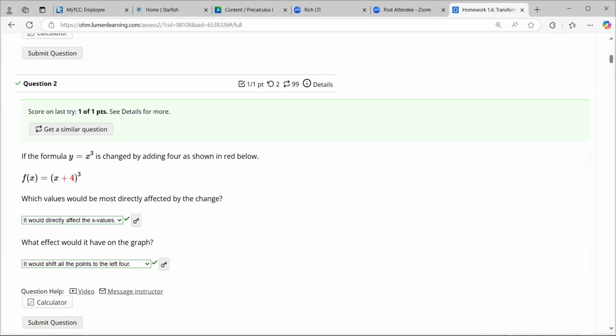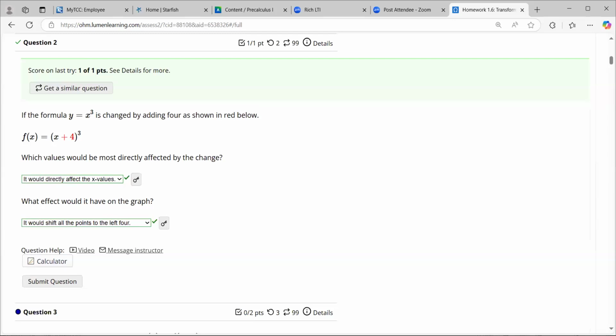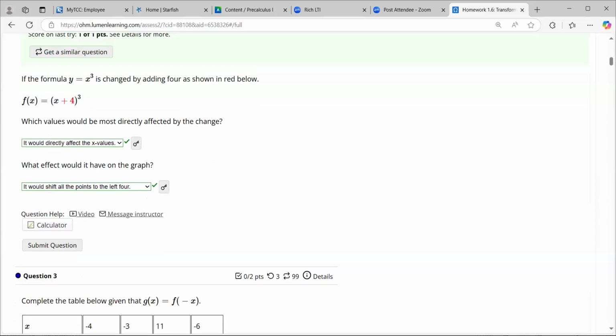So again, that change happens to the input. When we add a 4 to the input, x values are directly affected. The graph of the function is going to shift to the left 4 units.